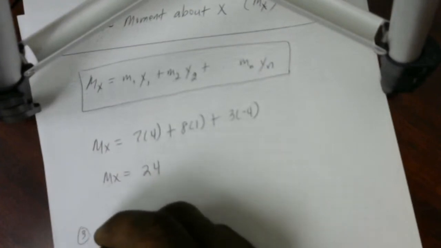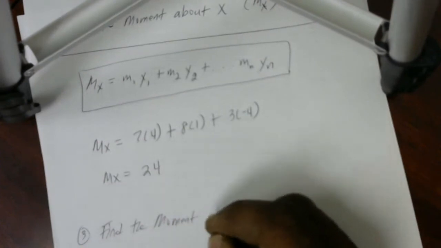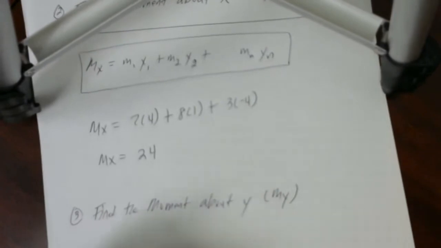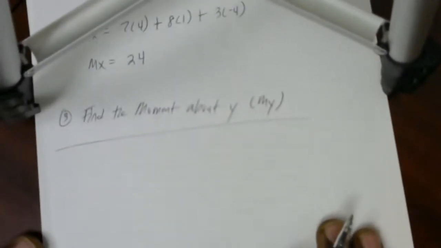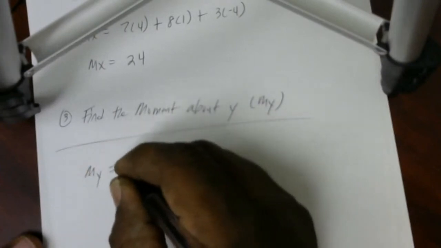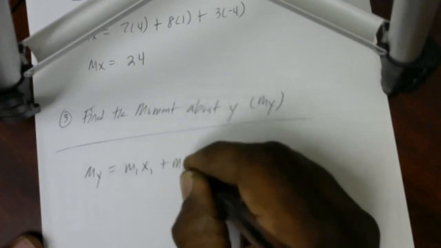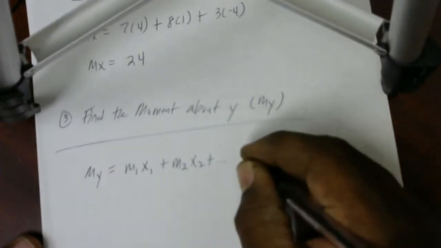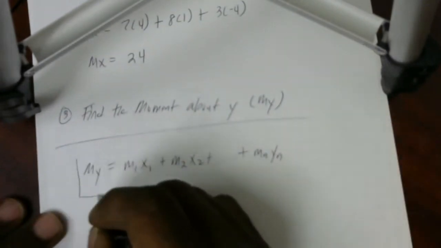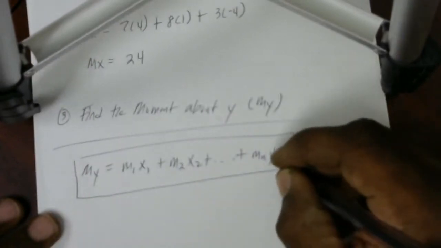The next thing we'll do is find the moment about y. So that formula is m sub y is equal to m sub 1 times x sub 1 plus m sub 2 times x sub 2 plus m sub n times x sub n.